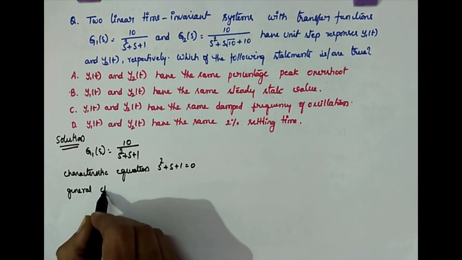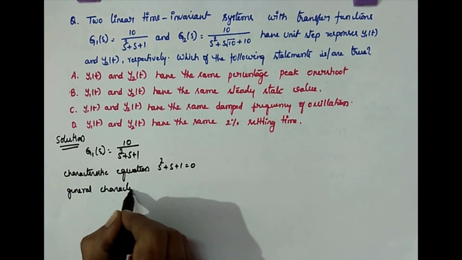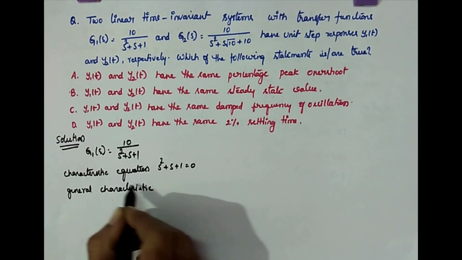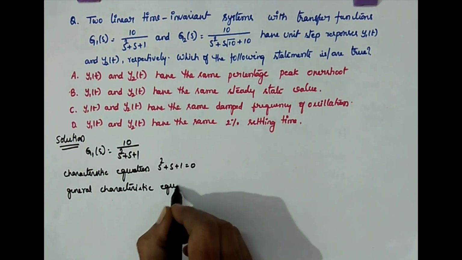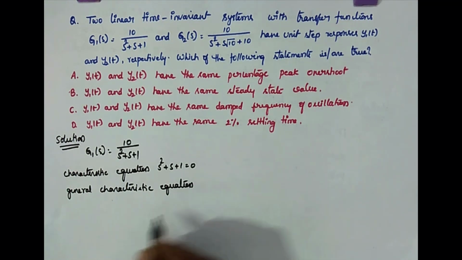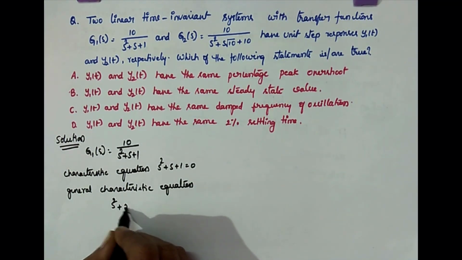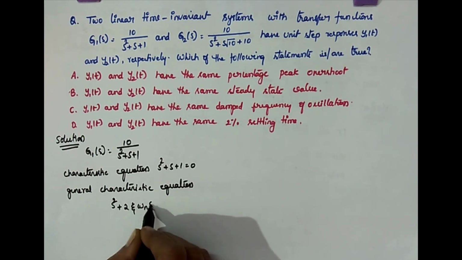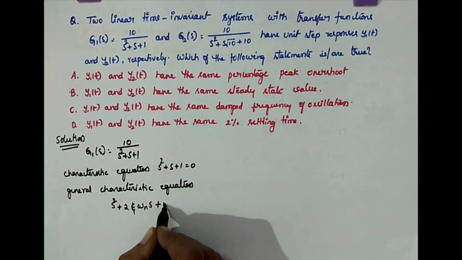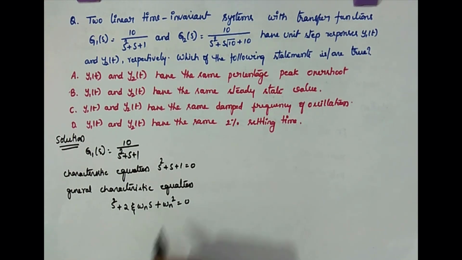The general characteristic equation is s² + 2δωn s + ωn² = 0.